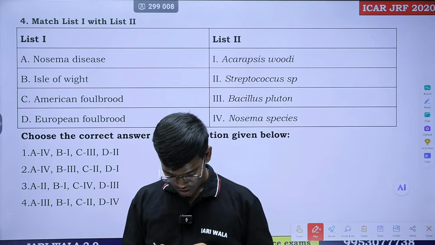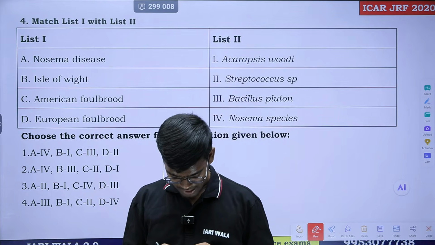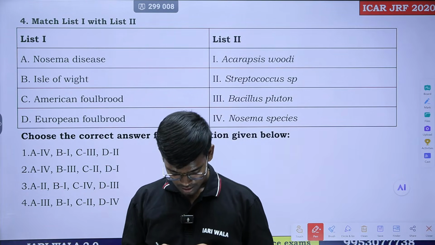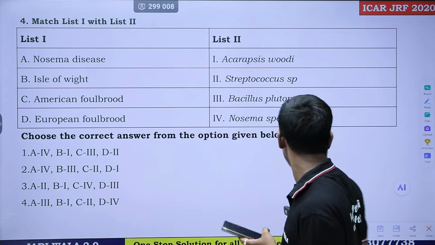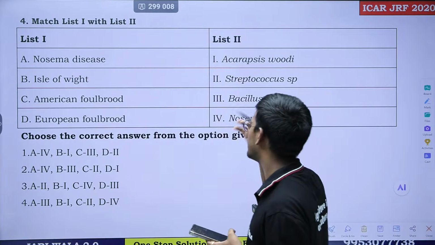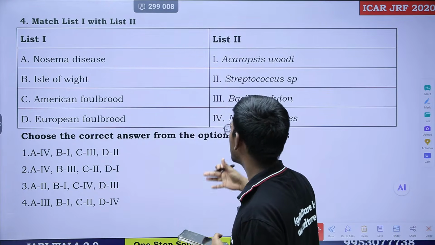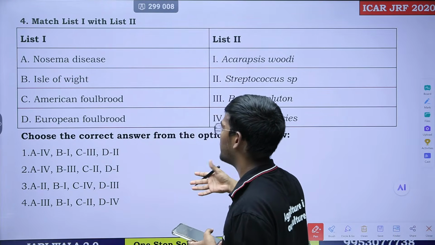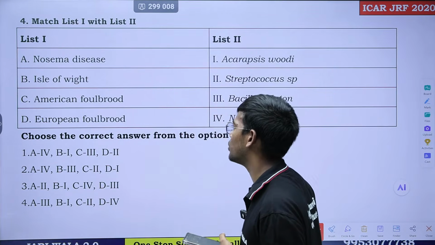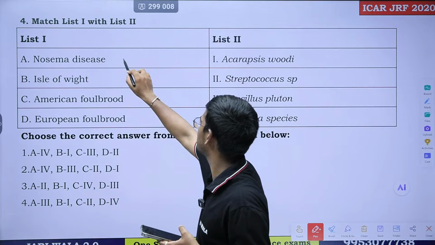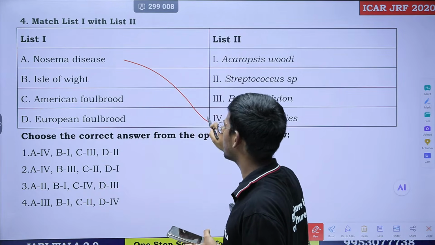Yes, Gaming confidently, Anchal, Dev Patel and Chaya have responded A or 1, that is true. Nosema disease in honeybees is caused by Nosema apis, and in silkworm it is Nosema bombycis. Only the species varies, so here it is Nosema species.